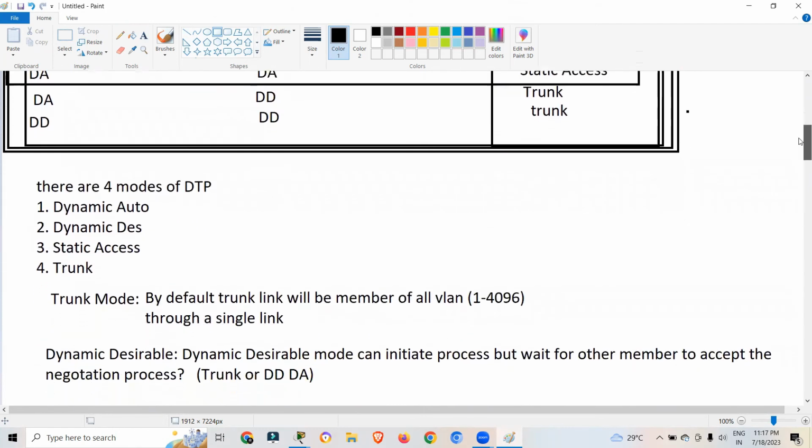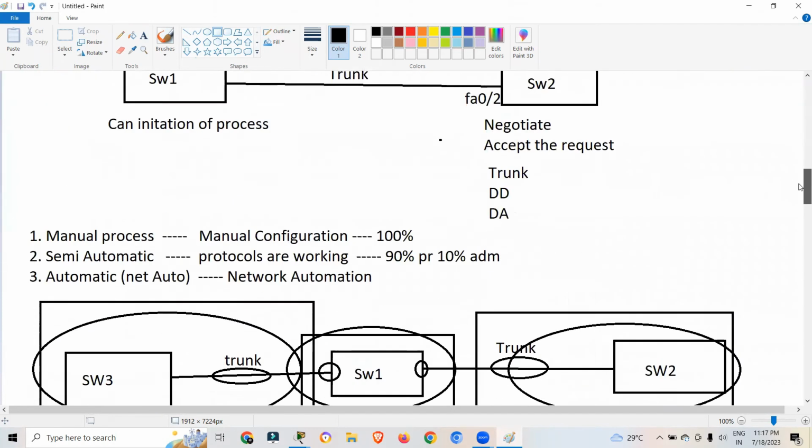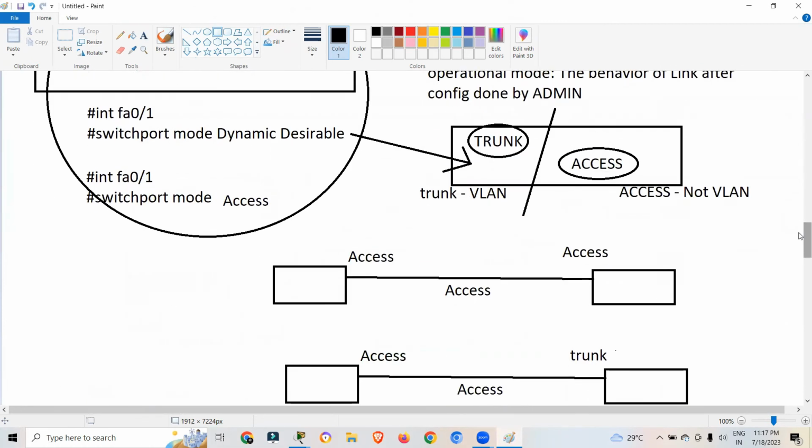You want my notes? I will give my notes, but these are handwritten notes actually. I will upload the PDF.